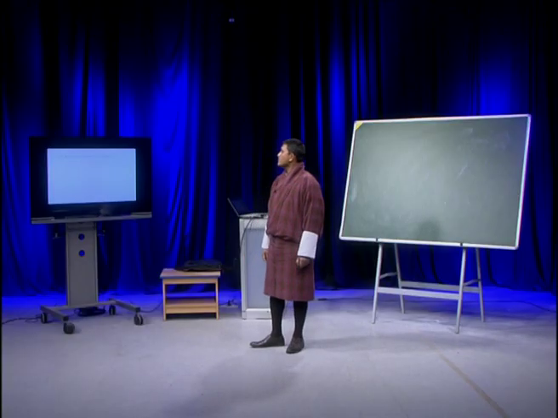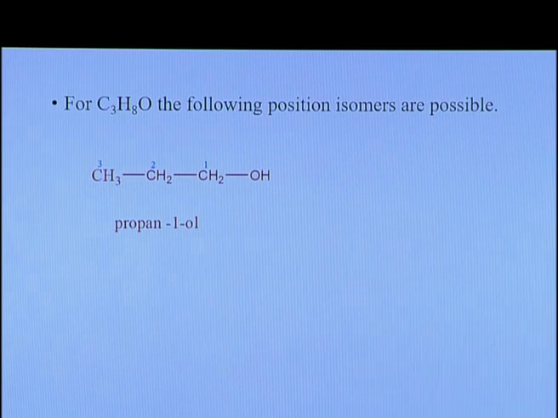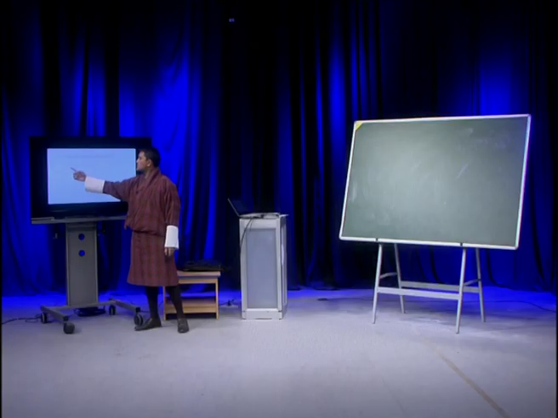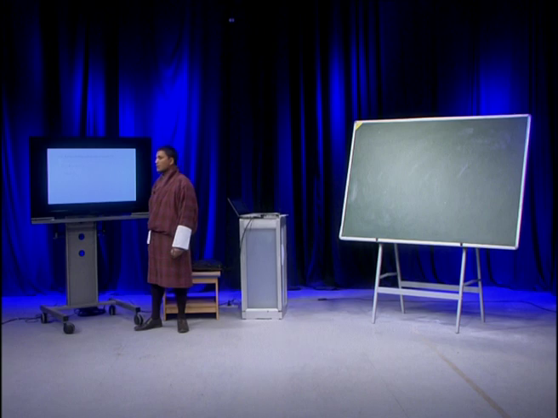If we have another molecular formula, C3H8O, we can have the following isomers. In this case, we have the straight chain compound known as propan-1-ol. The 'ol' indicates an alcohol compound.